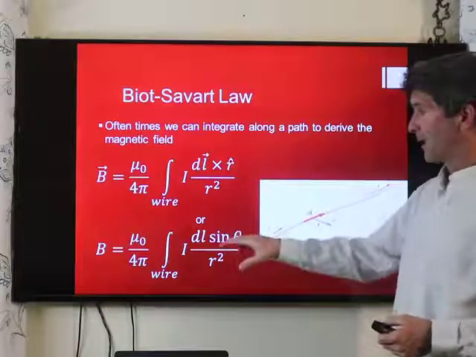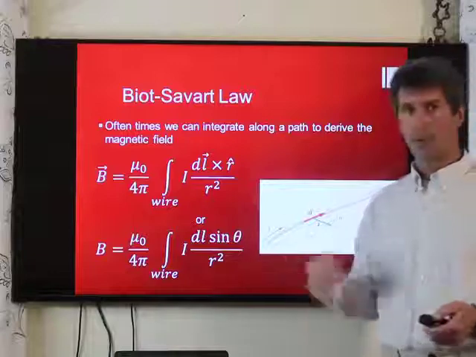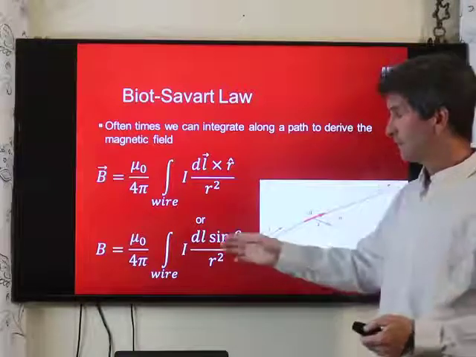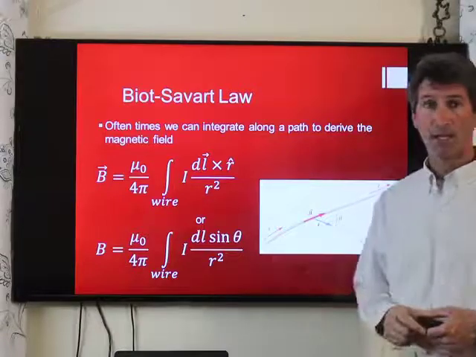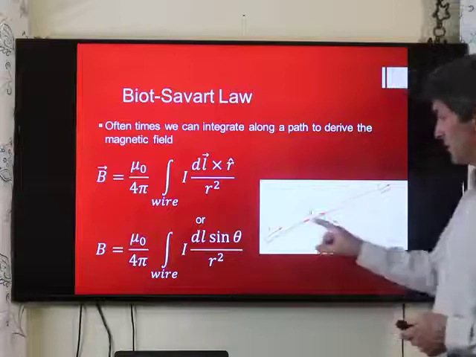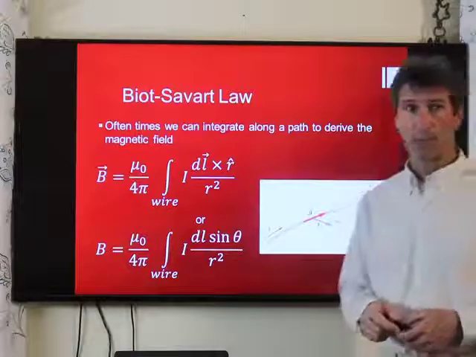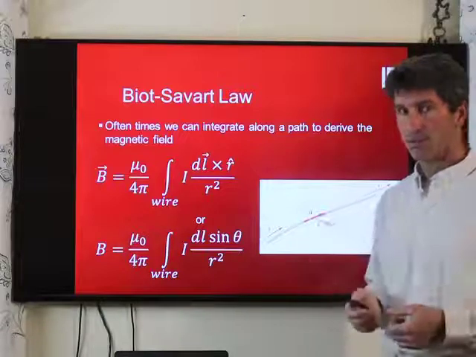If we want to just calculate the magnitude of the vector, which is preferable, it just makes things a lot easier, then it looks like this. Okay? Again, recognizing that theta represents the angle between our position vector and the vector pointing along the length of the wire. Still challenging.